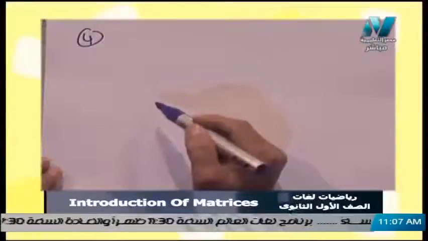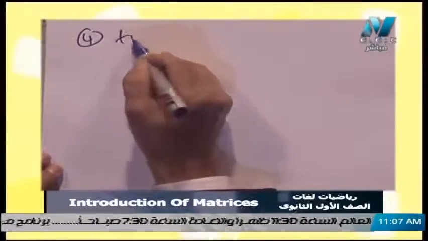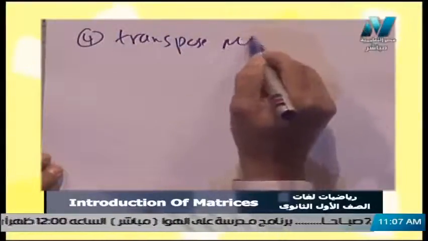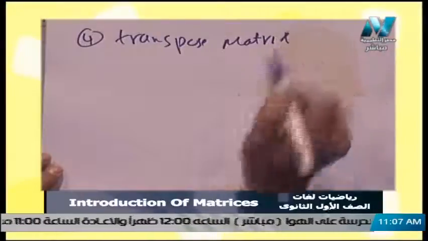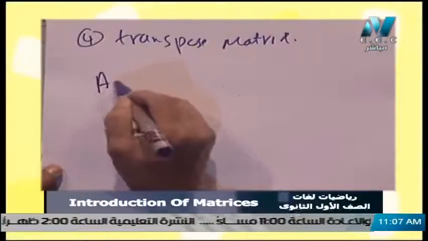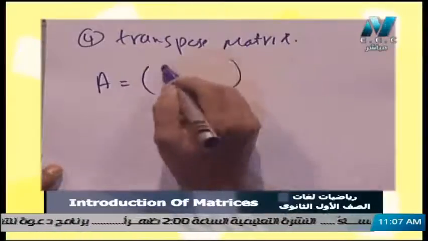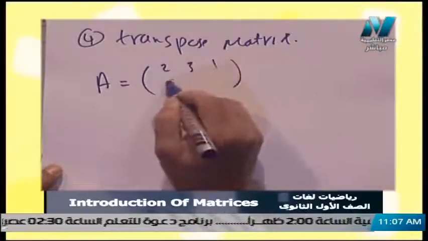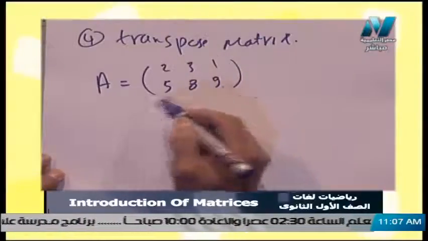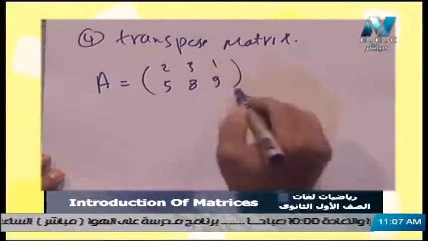We have also number 4, transpose of a matrix. What is a matrix and its transpose here? A is a matrix equals 2, 3, 1, 5, 8, 9. So it is a matrix of 2 by 3 order.